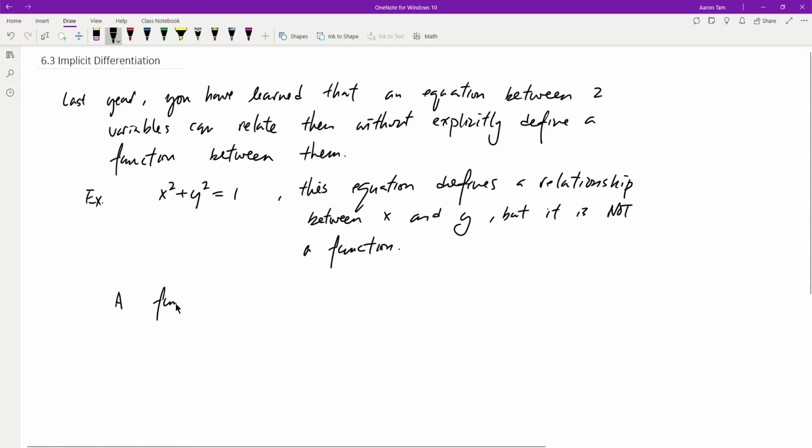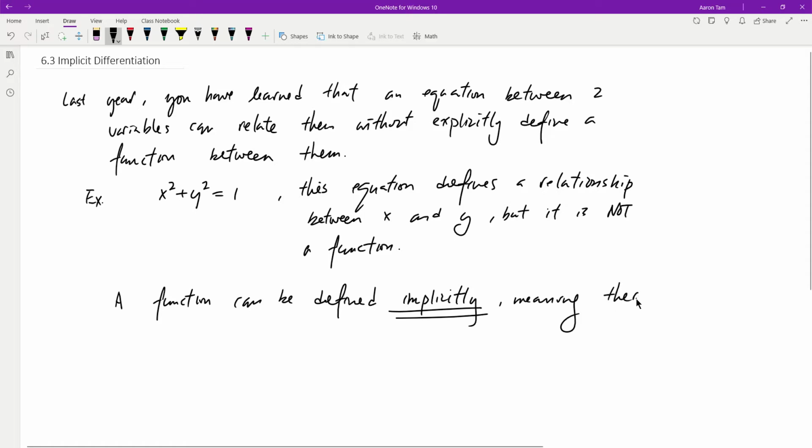So, however, a function can be defined implicitly. Meaning, they are functions, quote-unquote, hidden inside this equation.